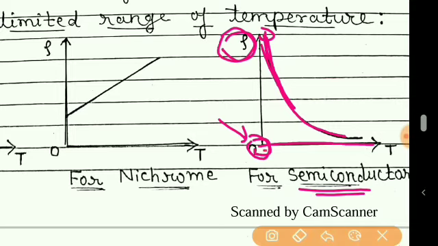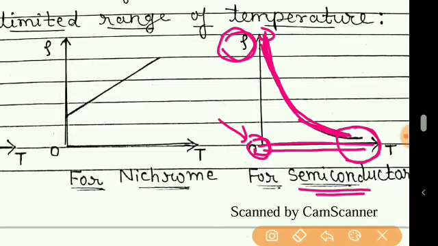But as the temperature increases, what happens? Its resistivity goes on decreasing, and so it starts conducting, and you can see at large temperature its resistivity nearly becomes 0, not 0 but nearly 0.